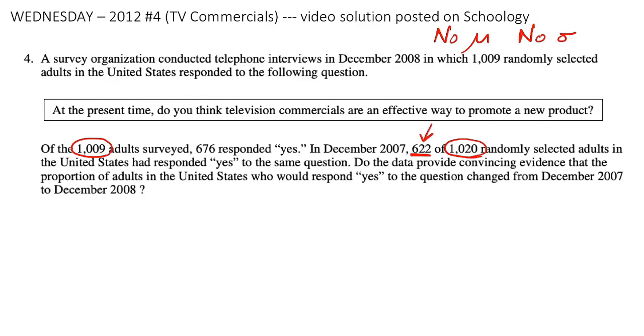Notice we just have counts of how many people out of the total. So basically what we're provided here is a p-hat of 622 over 1020 and a p-hat of 676 over 1009. Also, if you read closely, you can see the word proportion is a really good clue that we'll be using proportion information.